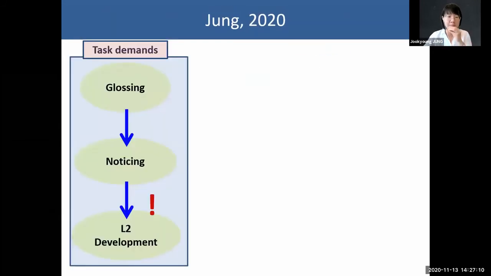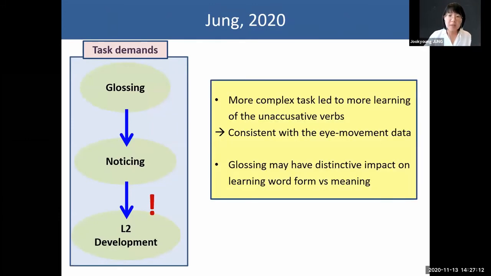Okay, so what I found is that more complex tasks led to more learning of the unaccusative verbs, which was consistent with the eye movement data. And glossing may have a distinct impact on learning of word form versus meaning, which was very interesting.